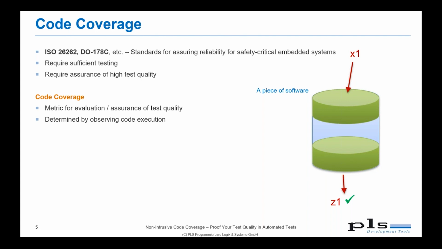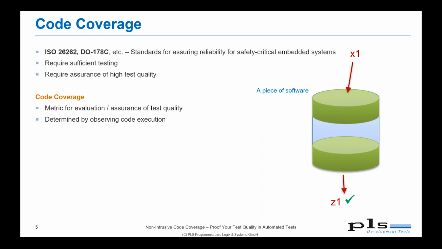While you execute the test, your software calculates with the test vector X1 an output Z1. In this case, it is okay, so the test has passed, but you see that with that single test case, you only trigger a subset of the whole function or the module here.